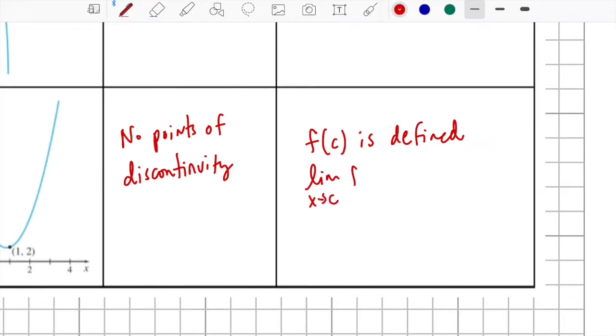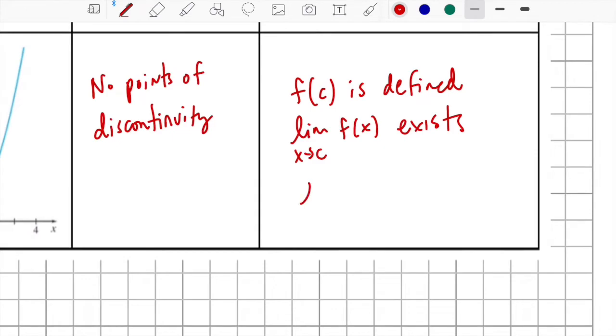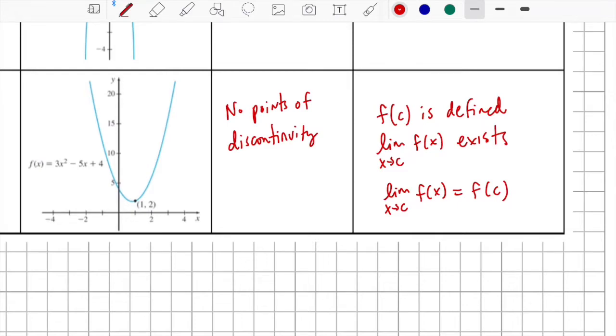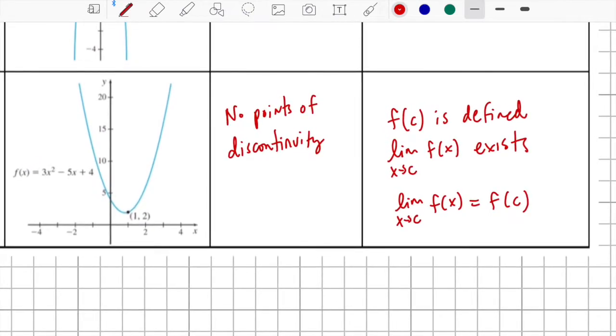The limit as x approaches c of f of x exists. And finally, the most important one, that the limit as x approaches c of f of x equals f of c. So for this one, all three conditions are met, and therefore it is continuous everywhere, and it has no points of discontinuity.